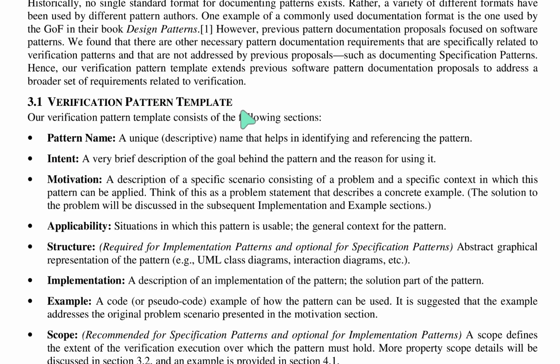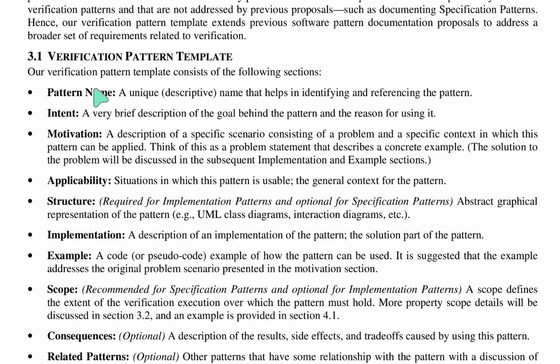3.1 Verification pattern template. Our verification pattern template consists of the following sections. Pattern name, a unique descriptive name that helps in identifying and referencing the pattern. Intent, a very brief description of the goal behind the pattern and the reasoning for using it.